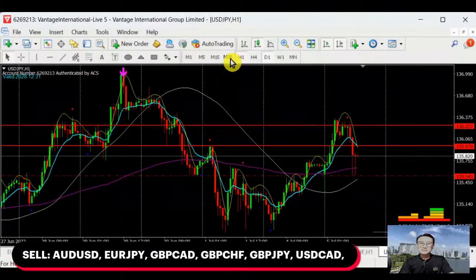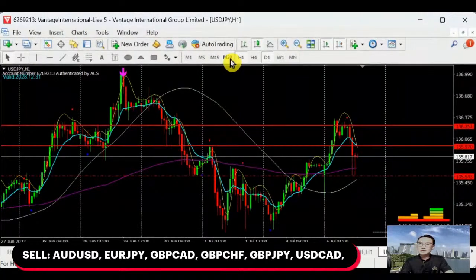So that's all for today. Today, I guess we have grabbed the profits from pound yen, a maximum of 37 to 40 pips. Then euro dollar 50.